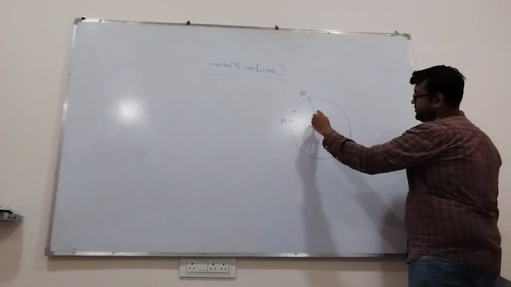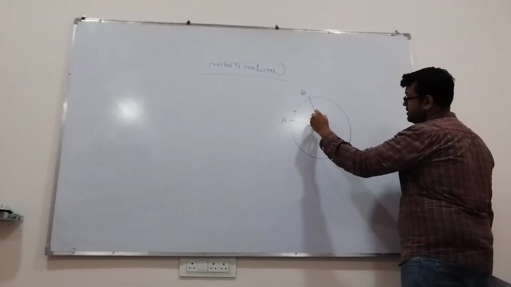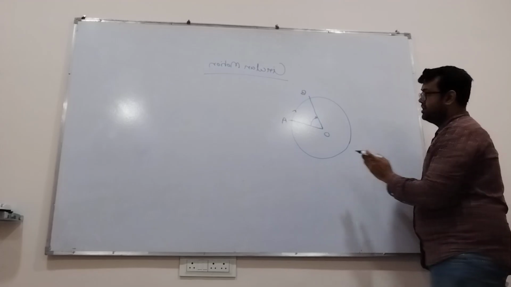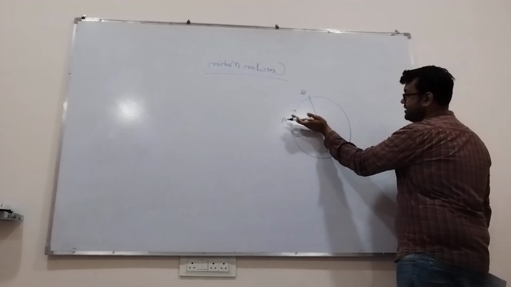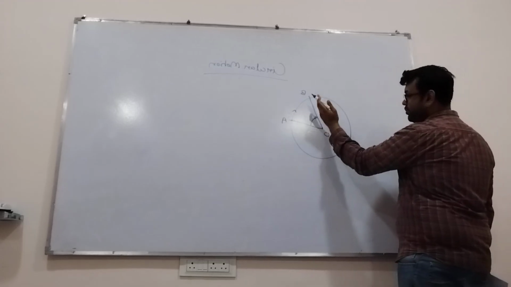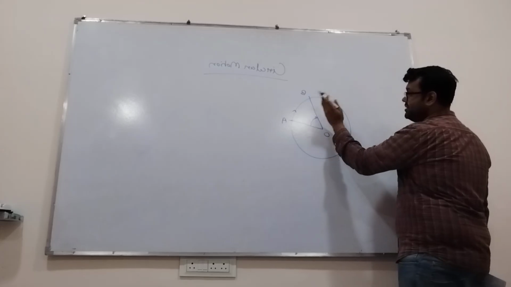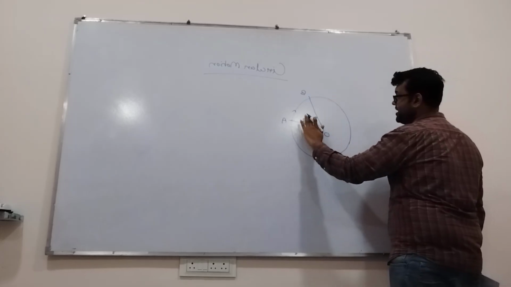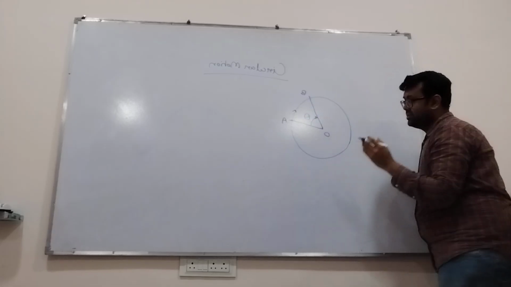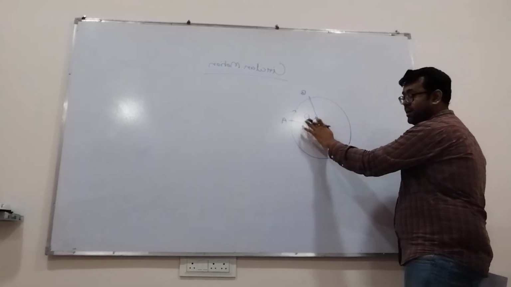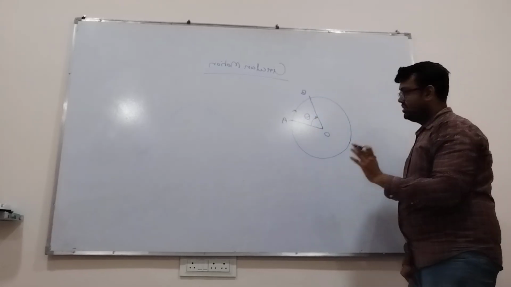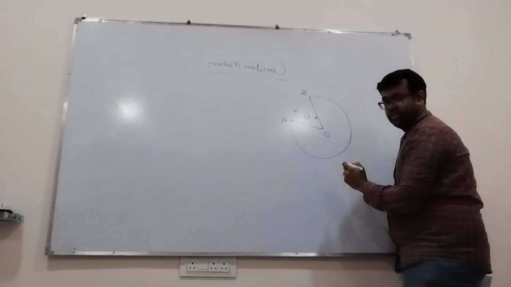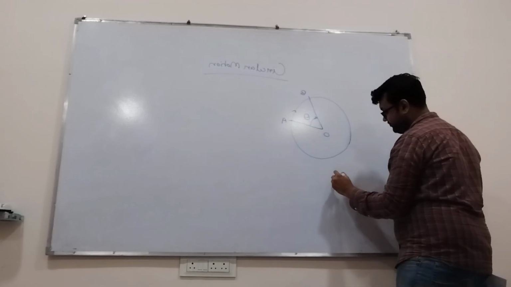You can see here the line OB is making some angle, right? So this particle has moved from A to B, and it has displaced by making some angle, meaning it has the angular displacement of angle theta. This new term is nothing but the angular displacement theta.